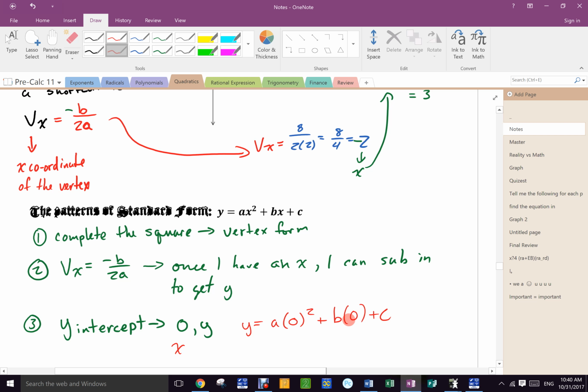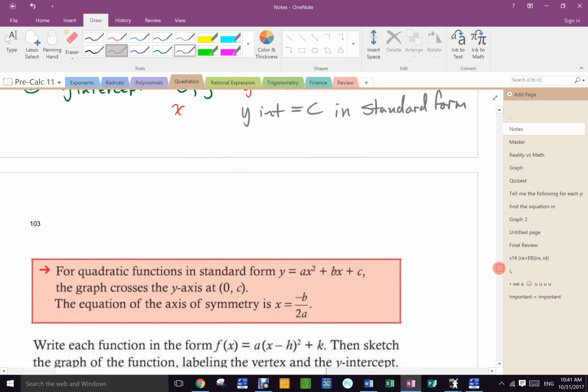Plus b times 0? 0. So what happens to these two terms? They're gone. What's left? C. So the y-intercept equals c. When? Only in standard form. Everybody cool? Yeah? Everyone is good?